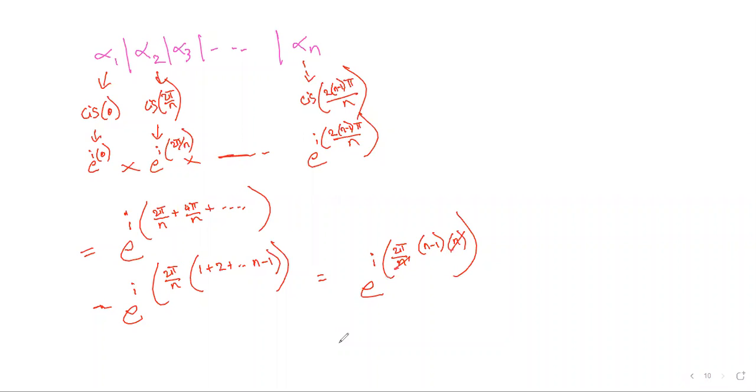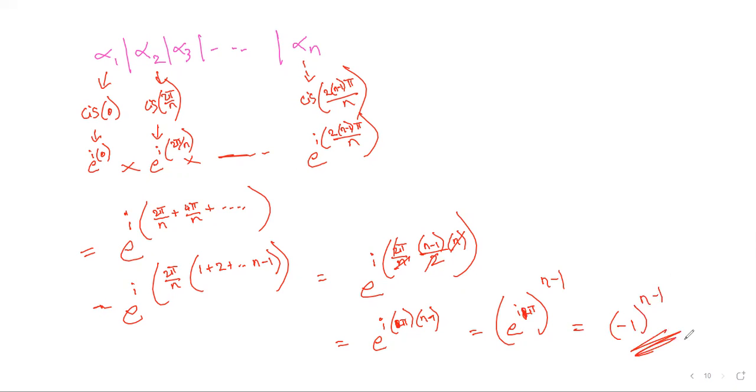Which is nothing but e power i into 2 pi into n minus 1, which I can again write as e power i 2 pi whole power n minus 1. So this will be minus 1 power n minus 1. So this will be the product of roots.